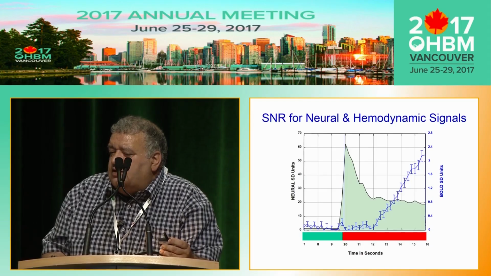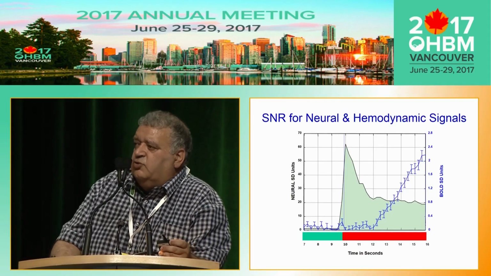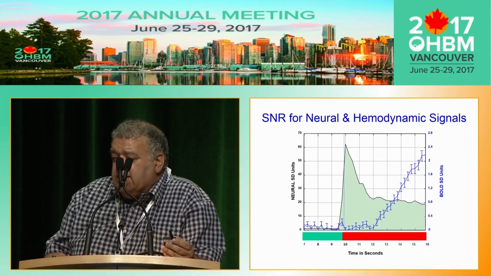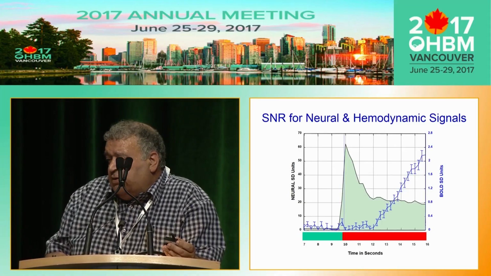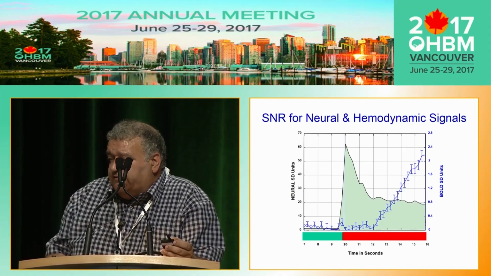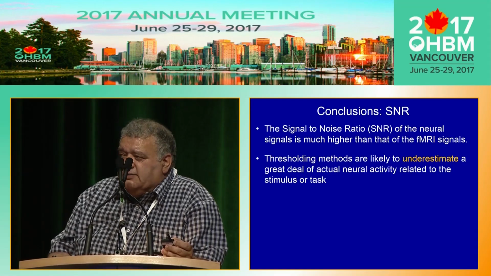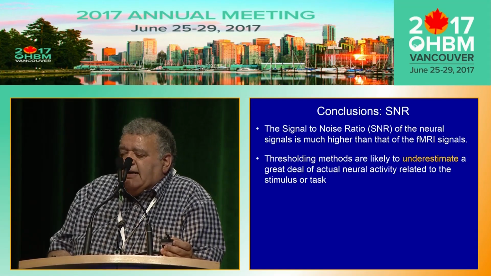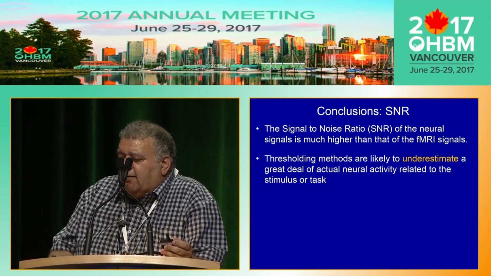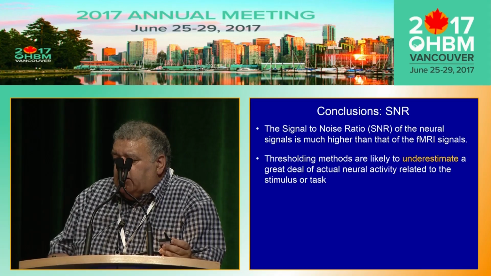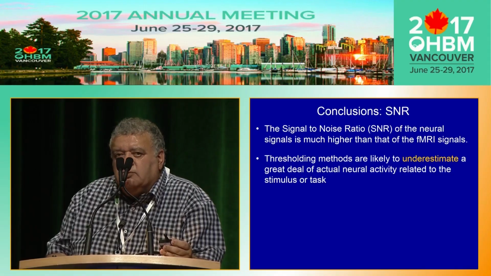This means that the contrast-to-noise ratio of neurophysiological recordings is much higher than that of the bold signal, and therefore, thresholding methods and insufficient averaging are likely to underestimate a great deal of actual neuronal activity related to the stimulus or task.